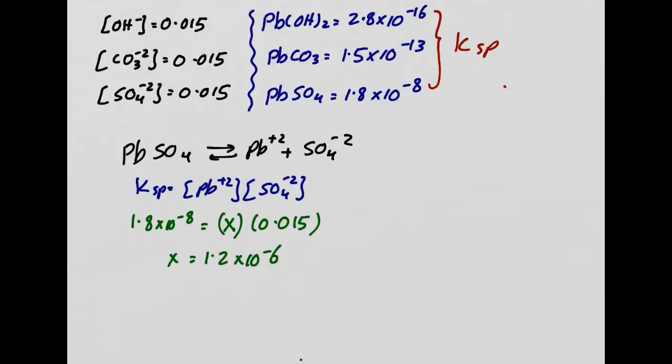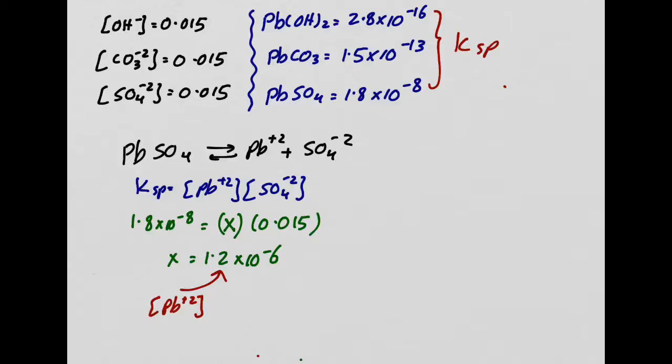Okay? So now, what does this mean? That's the concentration of Pb plus 2 needed to precipitate out lead 2 sulfate. That is the concentration of lead I would need in order for the sulfate to precipitate out.